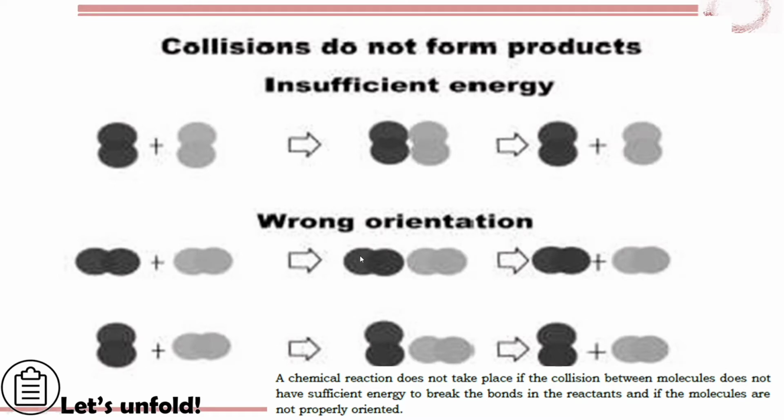Pag naman mali yung orientation, hindi rin magkakaroon ng product. So, a chemical reaction does not take place if the collision between molecules does not have sufficient energy to break the bonds in the reactants and if the molecules are not properly oriented.